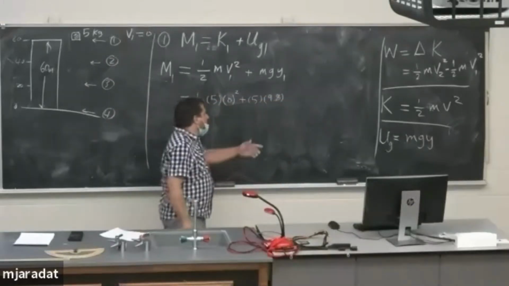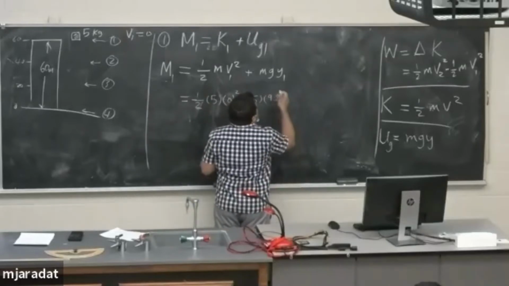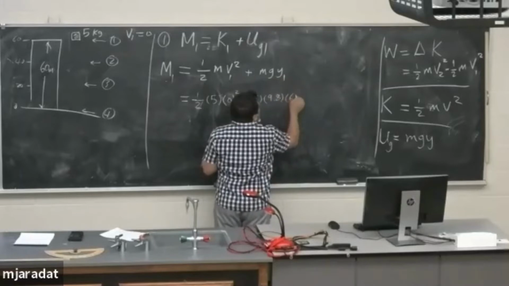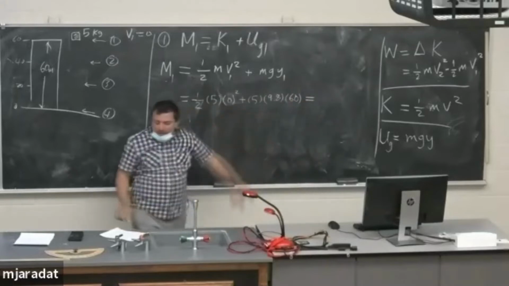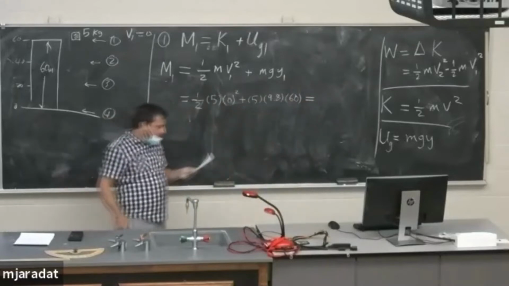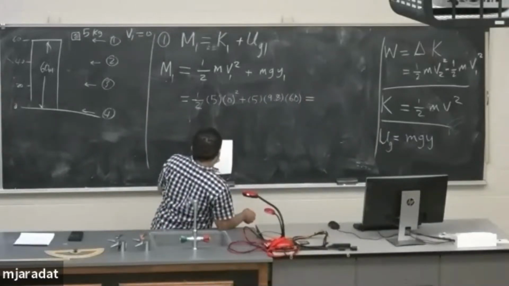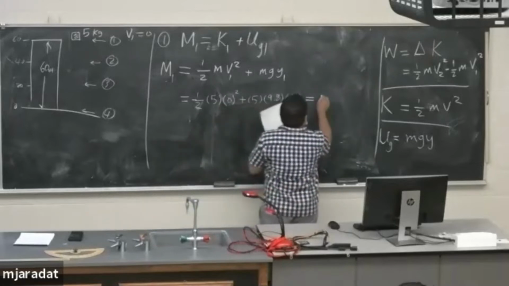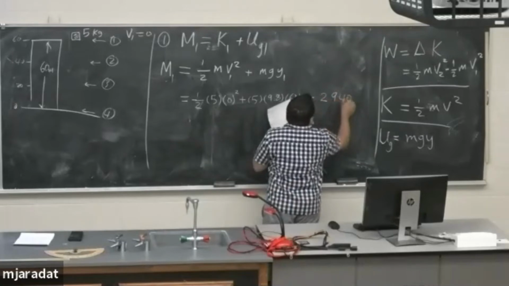I like to use 10, but I have to teach you the right magnitude, times y1, which is 60. This will give us 0 plus this term. The mechanical energy will be equal to 2,940 joules.